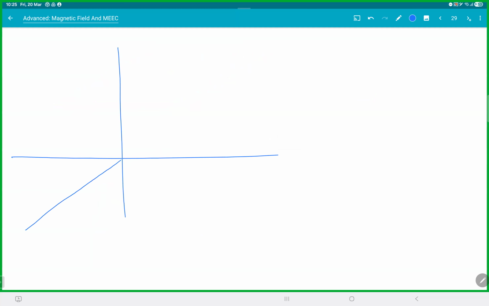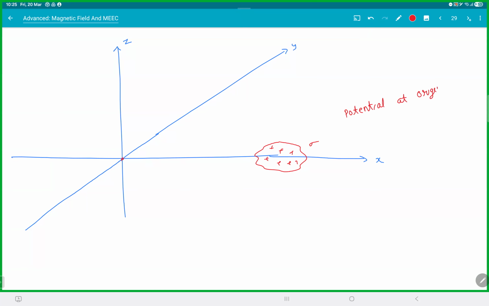This is another thing. So we have x, y, z. So we have some weird shape here. Charge sigma. So due to this, the potential at the origin is V. And now what you did, you started rotating this with omega.